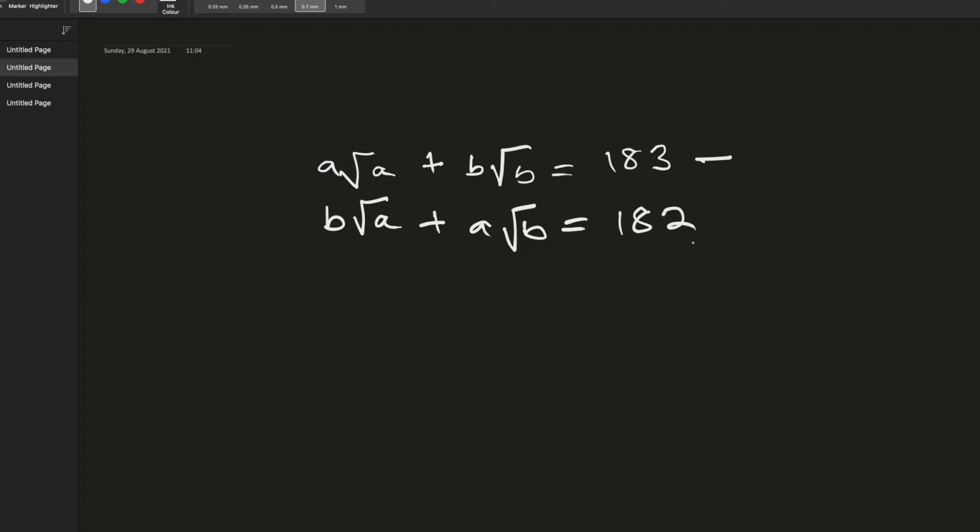And the question says we should solve for 9 divided by 5 multiplied by the sum of A and B. So this is the question.